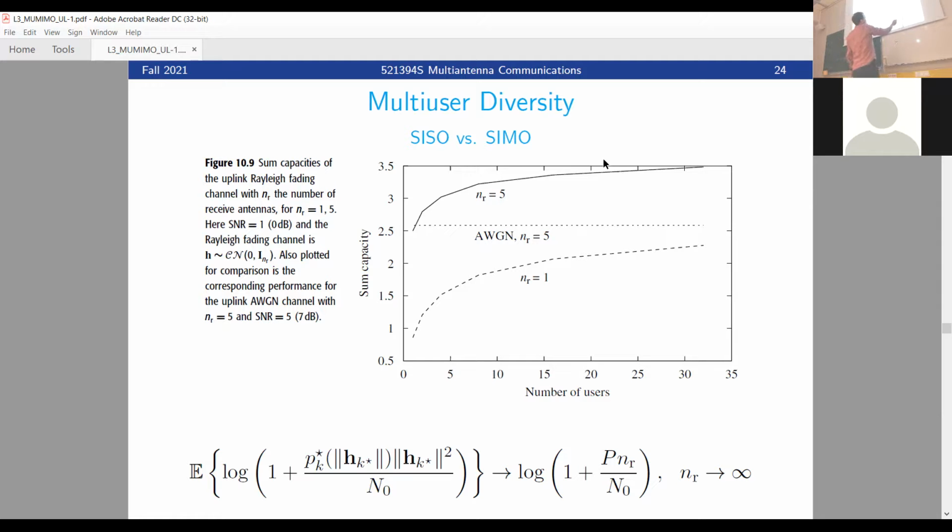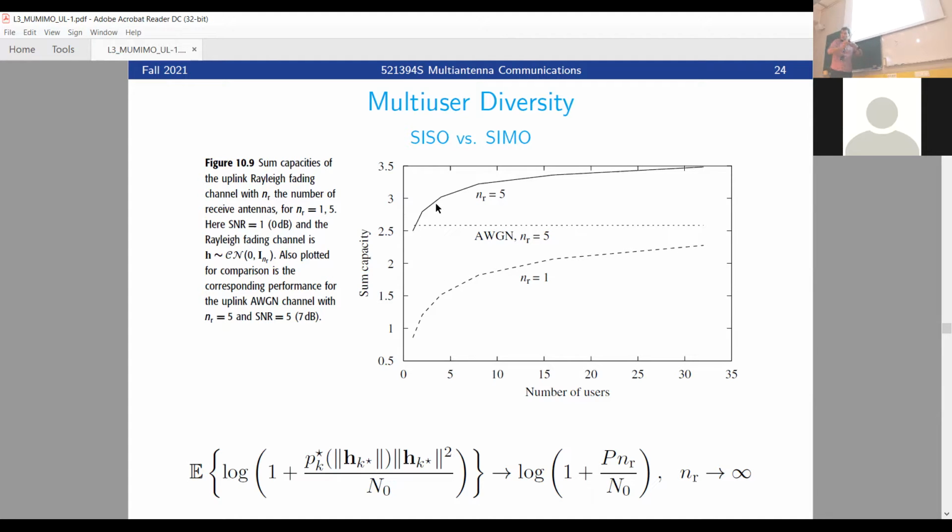Here you can see that with 20 or 30 users, you get about a 2-fold capacity gain with respect to AWGN channel capacity, the single-user AWGN capacity. But with many antennas, you just get a fraction, about 30%. Obviously, this one here is the beamforming gain.